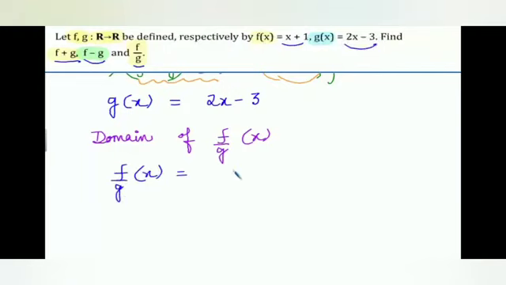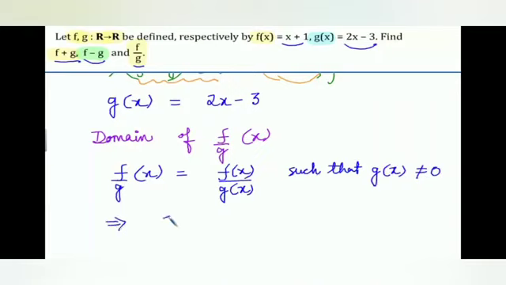Now just divide the function f of x by g of x, such that g of x does not equal 0. So 2x minus 3 does not equal 0. So x does not equal 3 by 2.